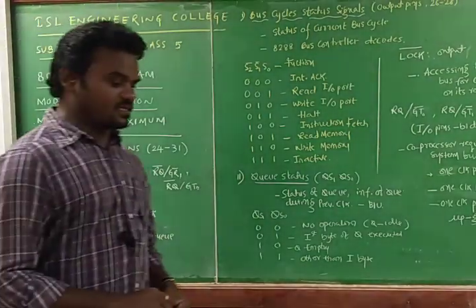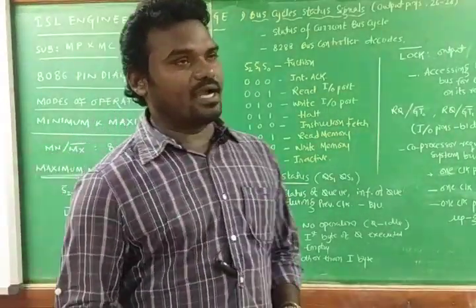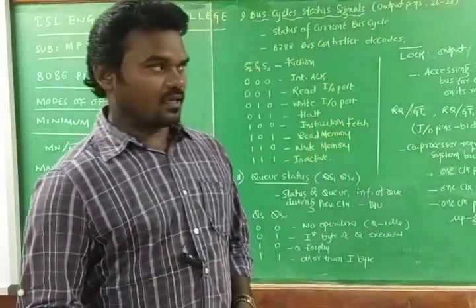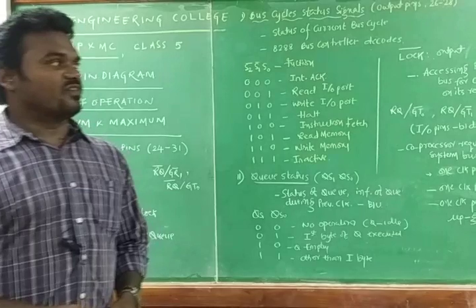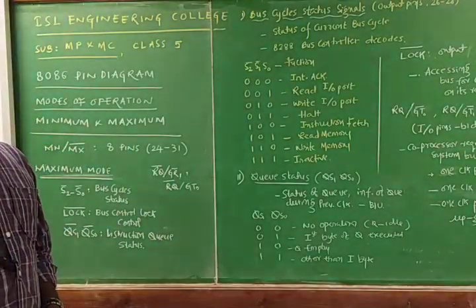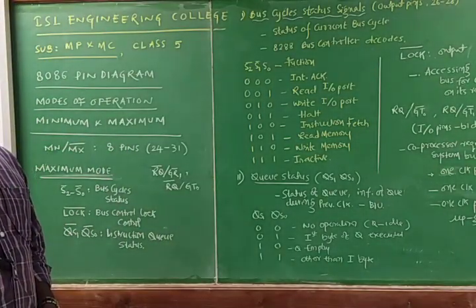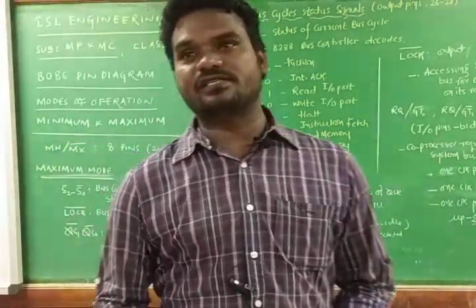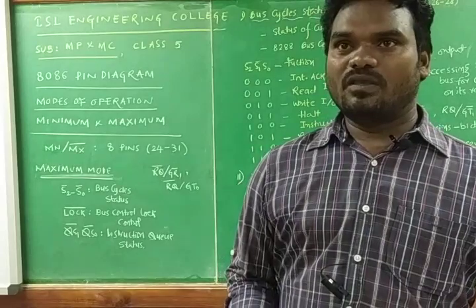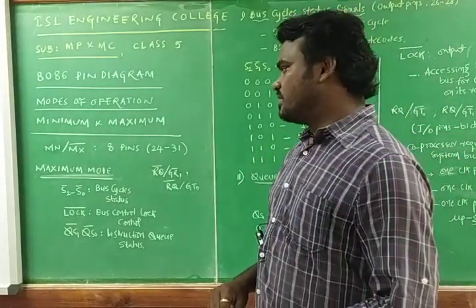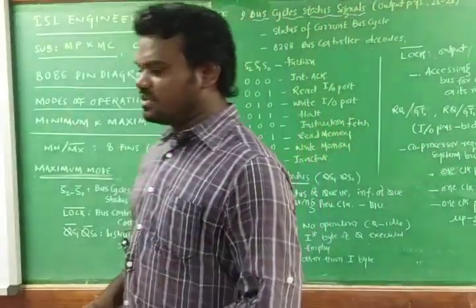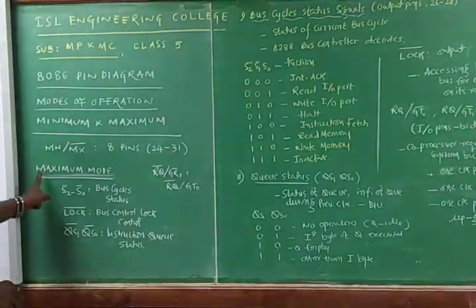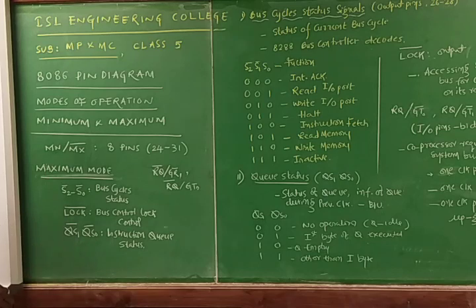If only one 8086 microprocessor is being used to perform some functions, then that mode of operation is named as minimum mode of operation. So the 8086 microprocessor can have 2 modes of operation: one is maximum mode, another one is minimum mode. First we are going to study the maximum mode of operation.